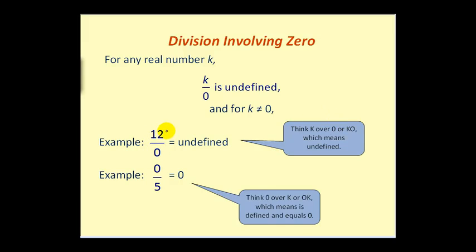So if you think k over o, or KO, if you know anything about boxing or mixed martial arts, I think undefined when I see the word KO. And on the second example, 0 over 5, I think 0 over k, or OK. And OK means we can perform this division. It is defined and it equals 0.